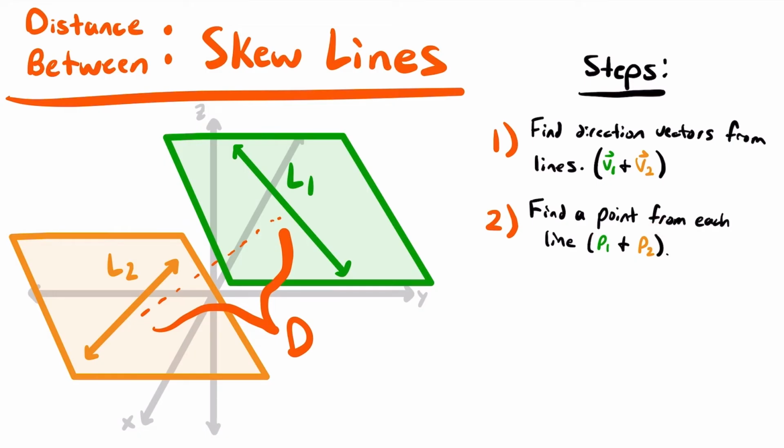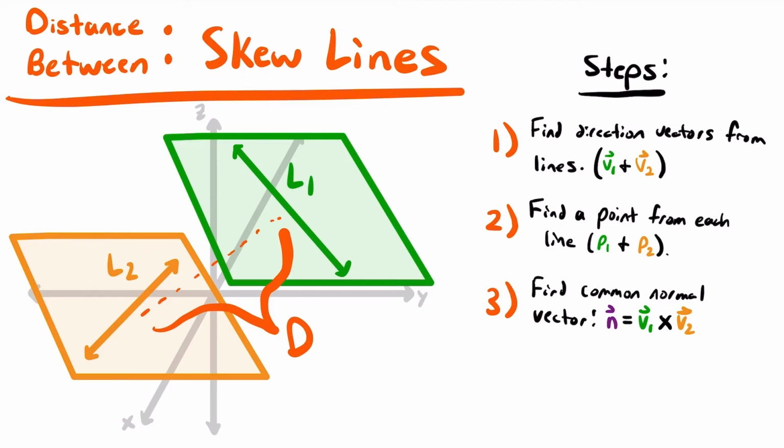And then once we have those vectors and points, we can then move on to the next step, which is to find the common normal vector for the parallel planes. And that normal vector will be equal to the cross product of the direction vectors from the lines. All right, and now let me explain why we need this normal vector. If we want to find the distance between these skew lines, we need to find the distance between the parallel planes that contain them, and so we need to find the equations of those parallel planes.